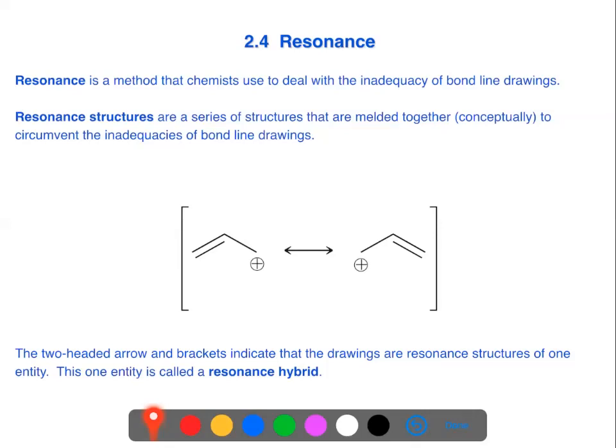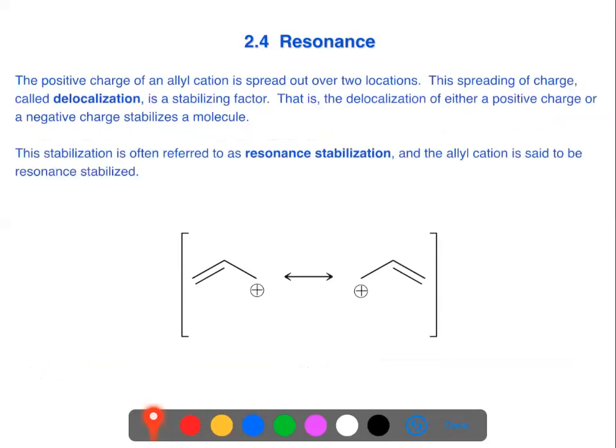So let's look at this example in a bit more detail. So this 3-carbon system is known as the allyl cation. And what the resonance structures are aiming to show you is that this positive charge is actually spread out between these carbons in this particular entity, this molecule.